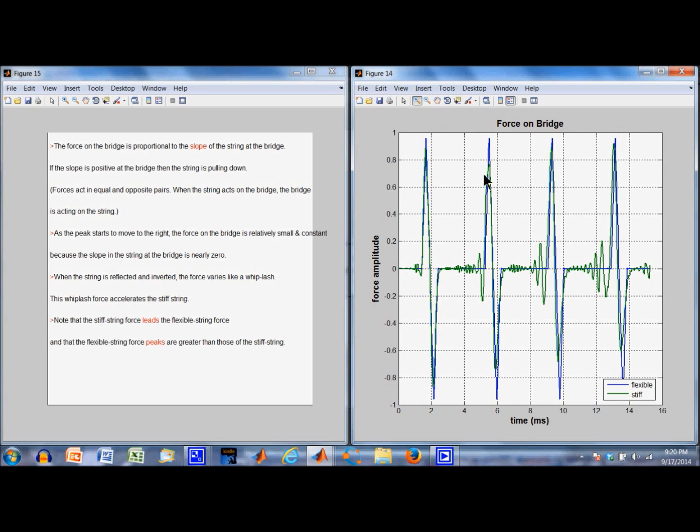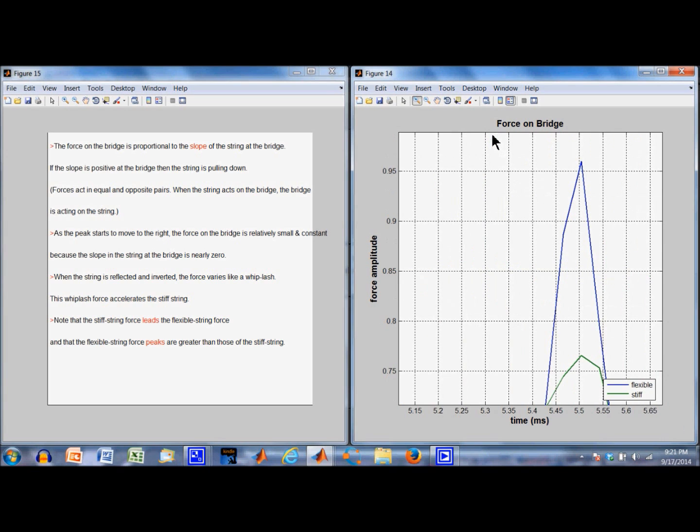The other thing you can see from this graph is that the peak of the flexible string is higher than that of the stiff string. In other words, there's a higher force exhibited at the reflections. And this is because the flexible string, because of its flexibility, is making much sharper turns when it's reflected and inverted. The stiff string, because it's elastic, resists changes like that, and therefore the peak is not as strong or as high.